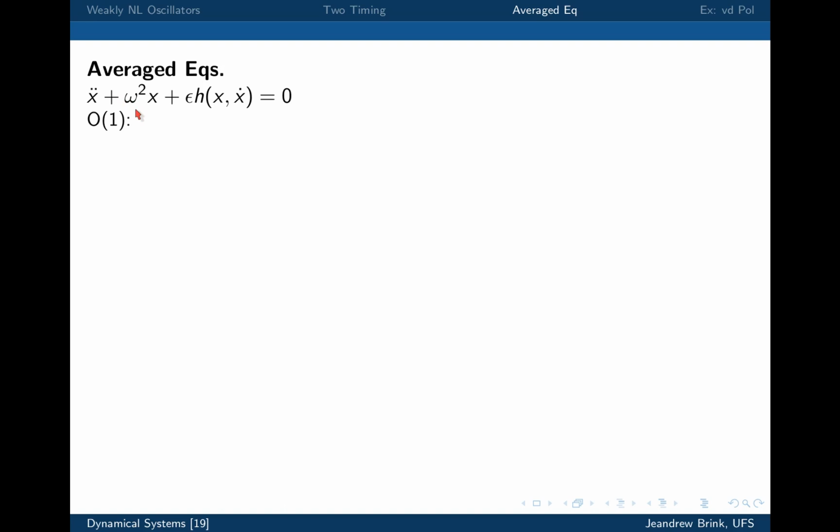Okay, so you can play the same game that we did with the two timing. You assume you have two time scales, you write out the derivatives, and you put the derivatives into that expression.